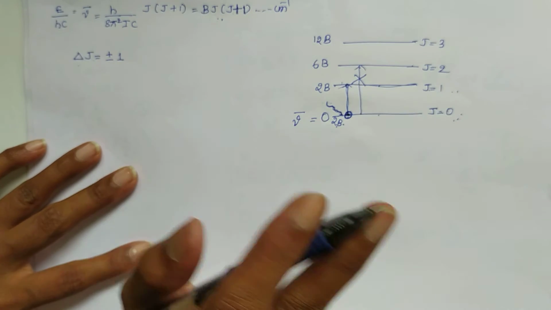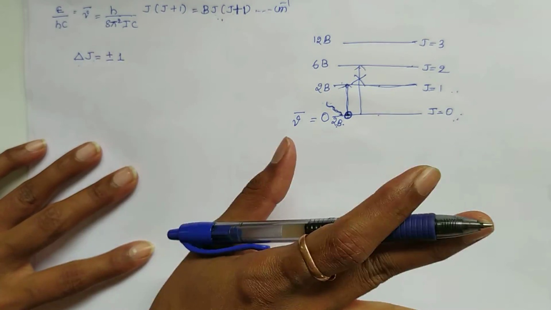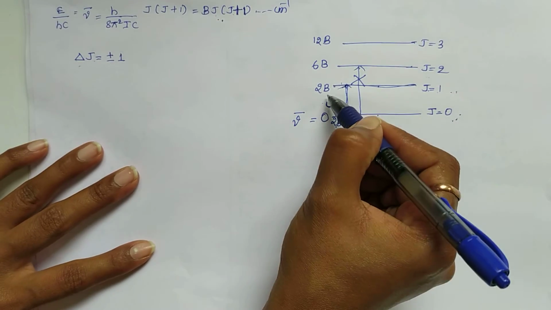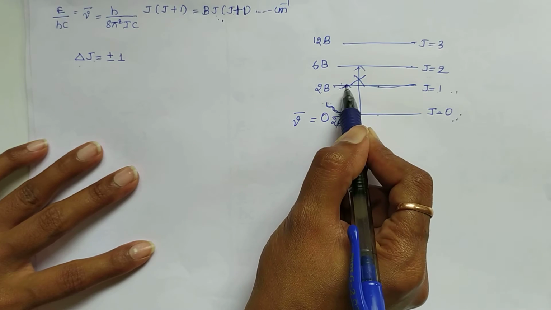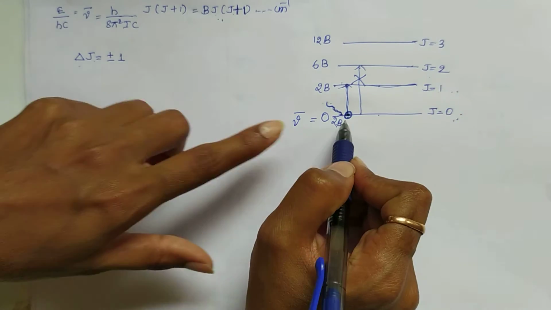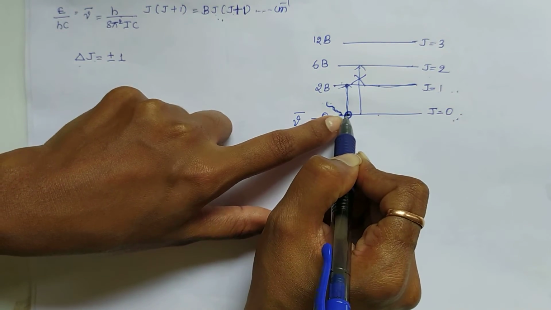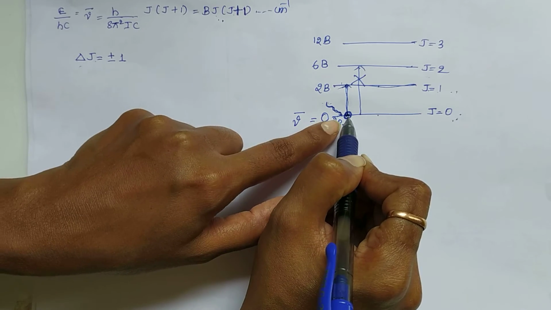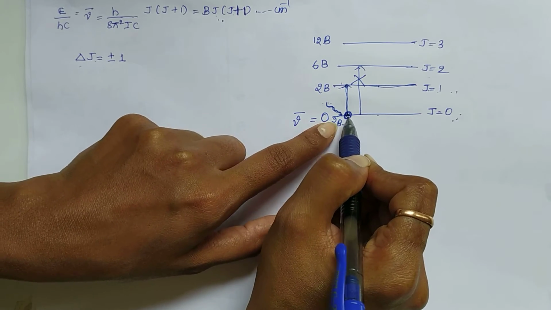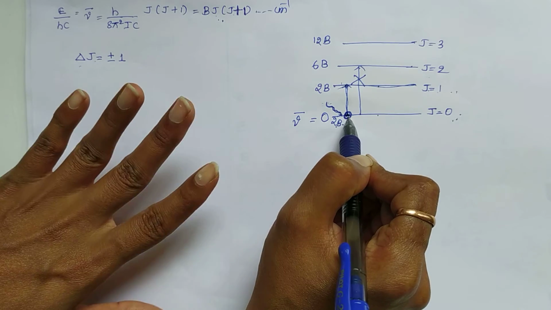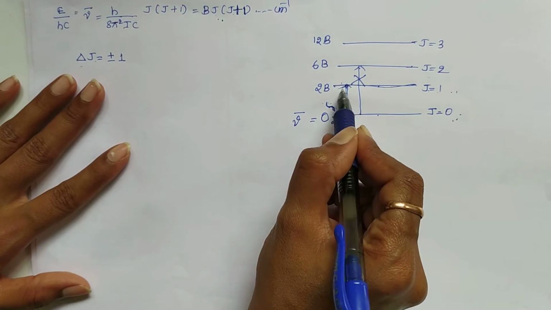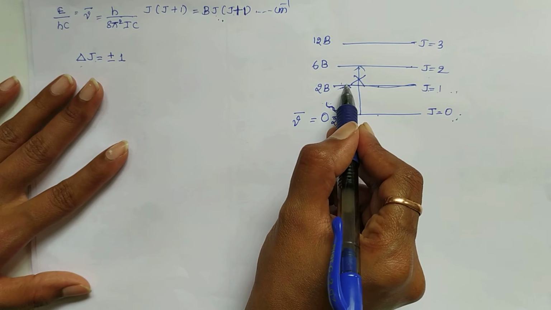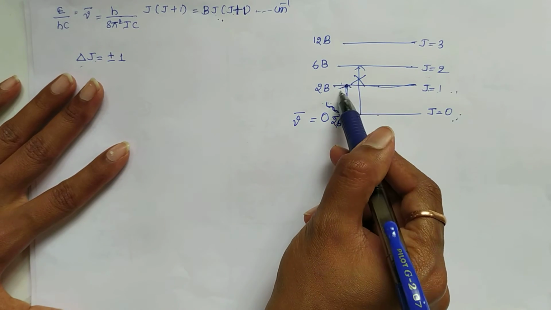If you give 3B, no transition; 4B not possible; 5B also not possible. It is possible only if you give 2B. For a molecule in the ground state, even 6B is not possible. 2B is enough to make the transition to the first energy level. So it takes the 2B and goes to the higher energy state, the first state.